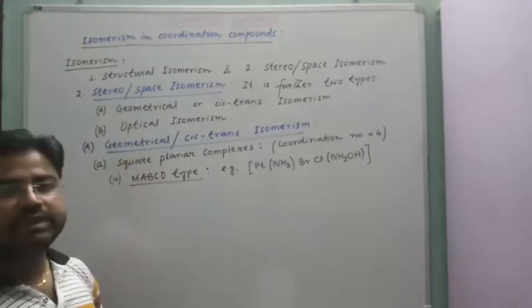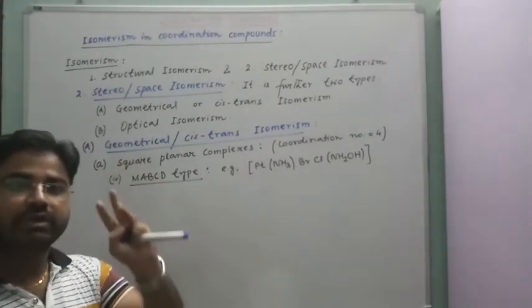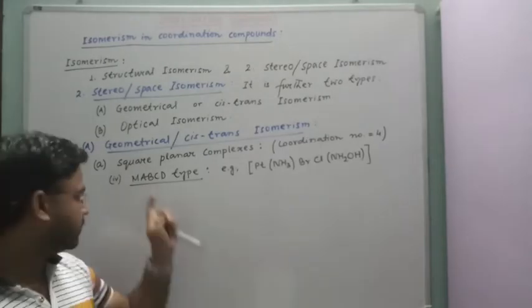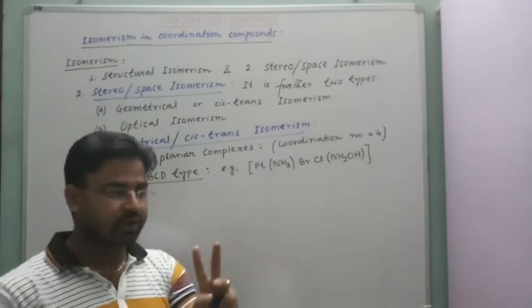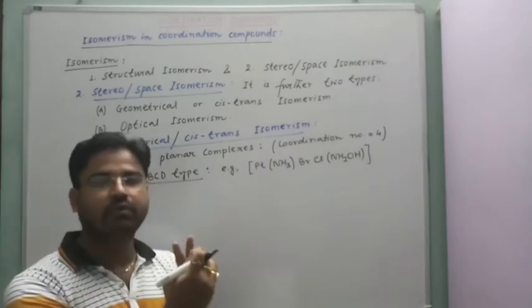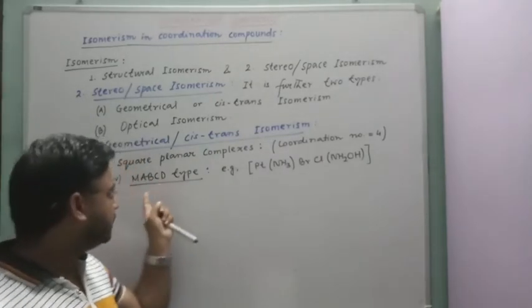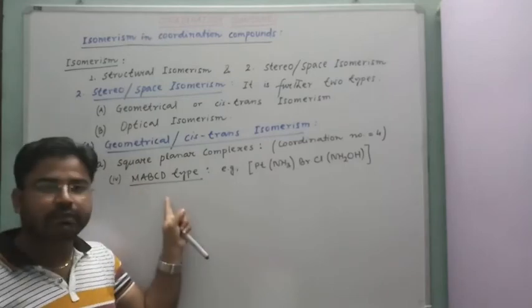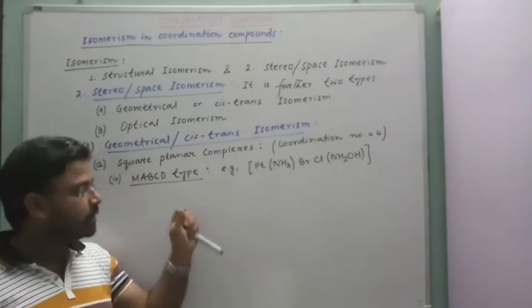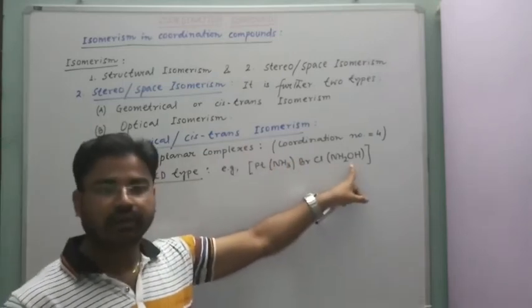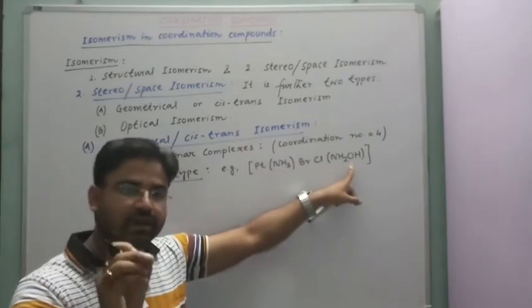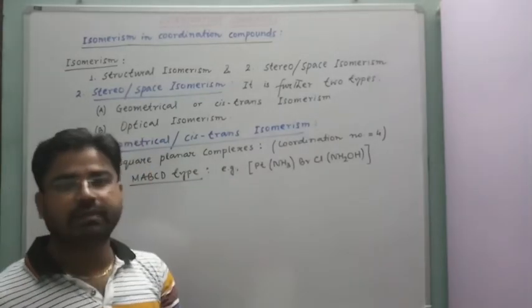So MABCD type compound gives 3 isomers. So this kind of compound can give 3 isomers. Out of the 3 isomers, 2 are cis form and 1 is trans form. And the structure of this type of compound can be shown by fixing the position of one ligand. तो एक ligand का position fix रख के the isomers can be drawn.